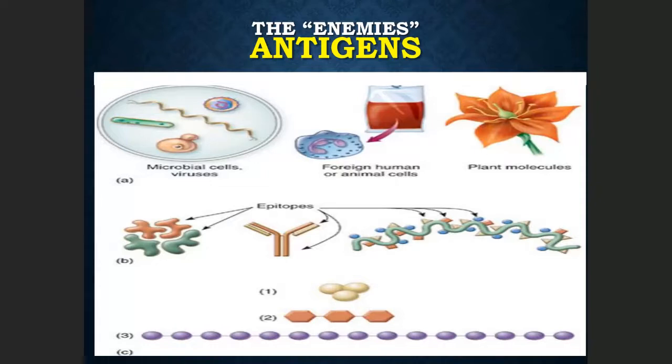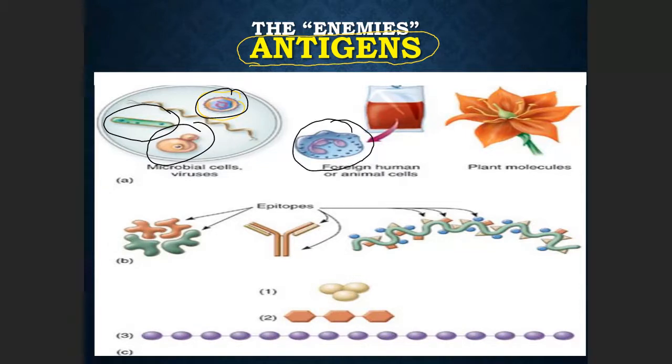Now, what is our enemy? The enemies that enter into our system are called antigens. So antigens are anything that enters into our body that might cause disease. It may be bacteria, viruses, maybe fungi. They are types of antigen. Or maybe a renal cell. For example, if we have a blood transfusion, the cell that enters into our system becomes our antigen.